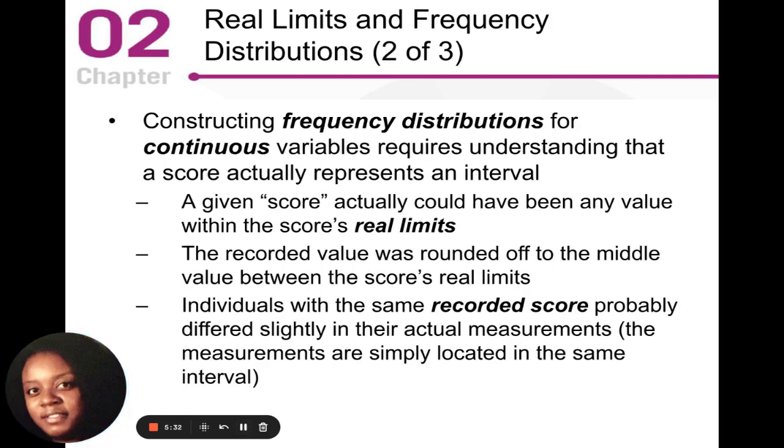In addition, constructing frequency distributions for continuous variables requires understanding that a score actually represents an interval. A given score could have been any value within the real limits, within that interval of scores. The recorded value was often rounded off to the middle value between the score's real limits, and individuals with the same recorded score probably differed slightly in their actual measurements.